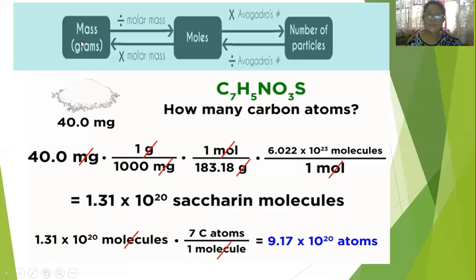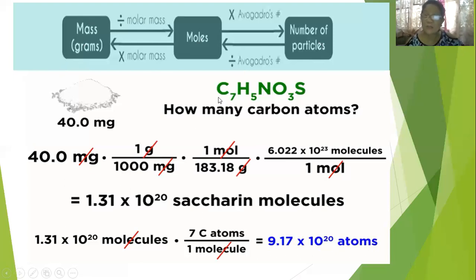Then grams to mole, okay, use your molar mass, but you should reverse it. That is in 1 mole of saccharin, C7H5NO3S, is equivalent to 183.18 grams of saccharin. So cancel your grams. What remains is mole, but this is not yet because mole to molecules.